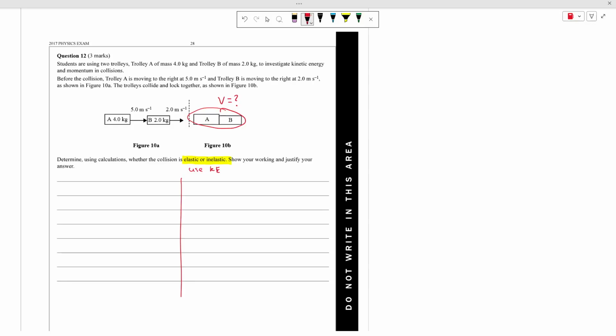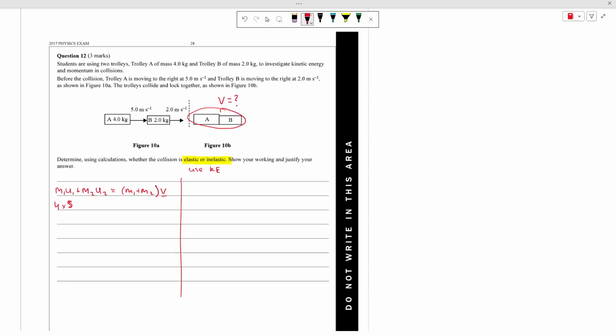I'll do two columns just because there's two steps to this. So using conservation of momentum, m1 u1 plus m2 u2 is equal to the combined masses times the combined velocity. So we're working out this v. It's going to be m1 u1, so 4 times 5.